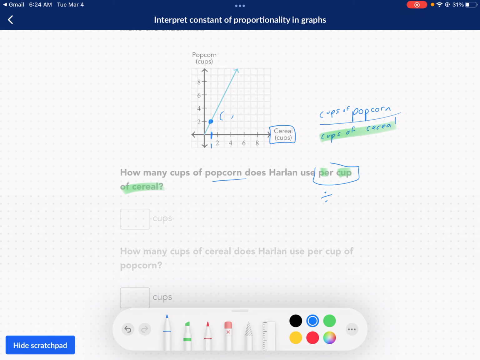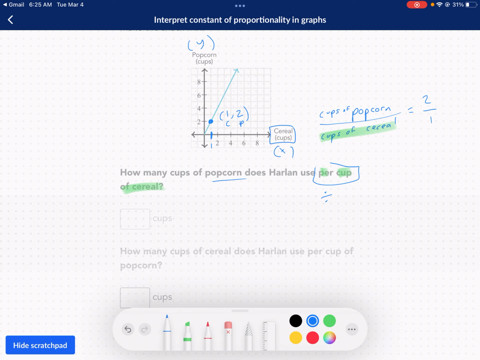Our x-coordinate is cereal. So C is 1, there we go, got it this time. And then 2 is our popcorn. So this is essentially my y, and this is essentially my x. Sorry about the confusion. Maybe it was a good mistake so you could see not to make that mistake. So I have 2 cups of popcorn for every cup of cereal that I have, okay?